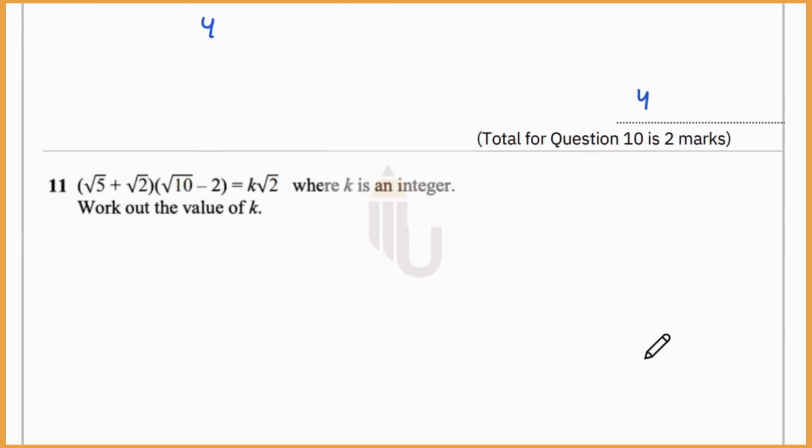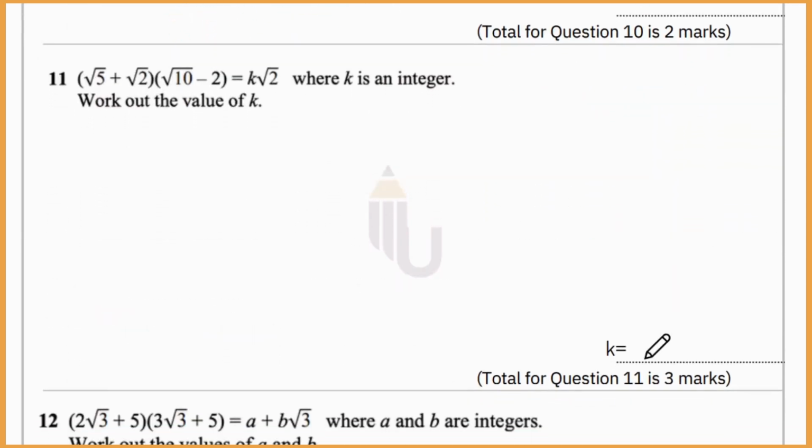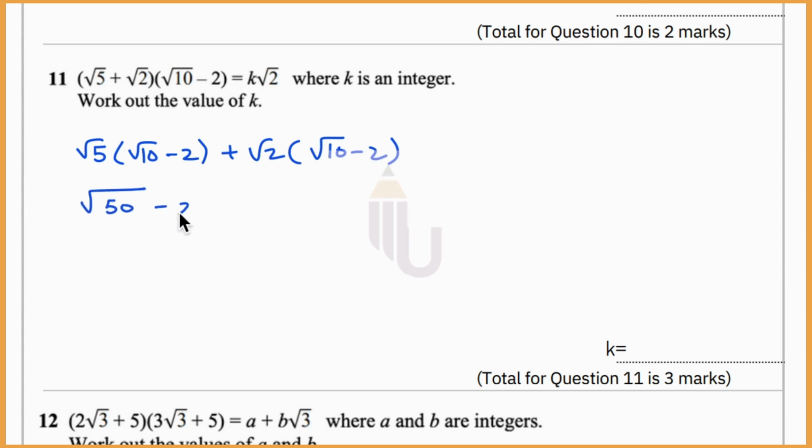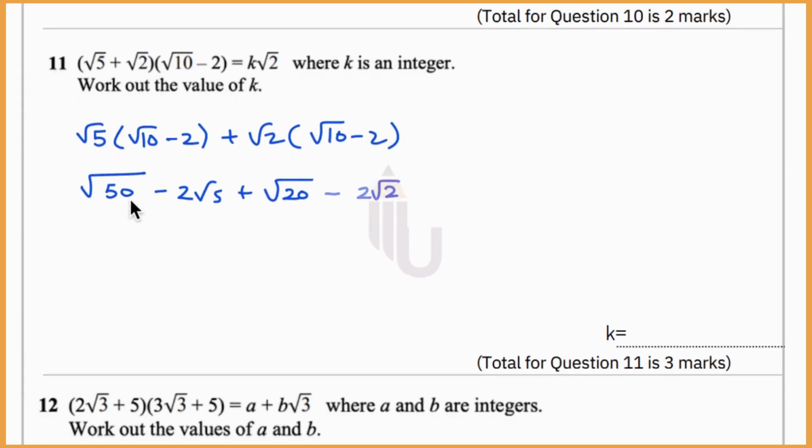Now for the 11th question, we need to multiply and then we will compare our left hand side with the right hand side to get k value. So root 5 times root 10 minus 2 plus root 2 times root 10 minus 2. Root 5 times root 10 is root 50, minus 2 root 5, plus root 20, minus 2 root 2. Root 50 is 5 times 2.